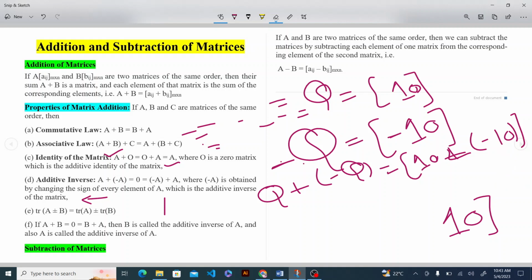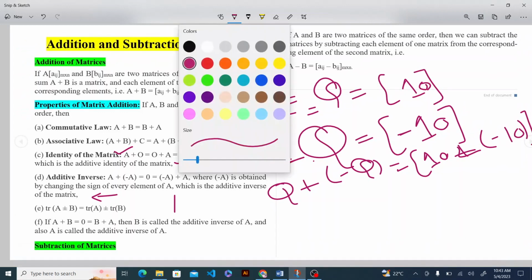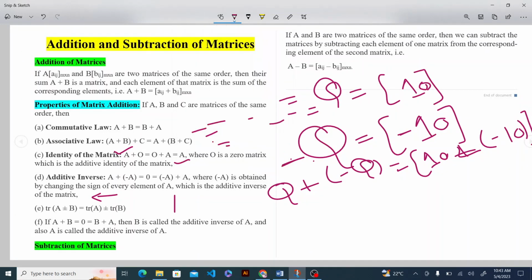So the answer will be 0 or null matrix, because 10 minus 10 will be 0.